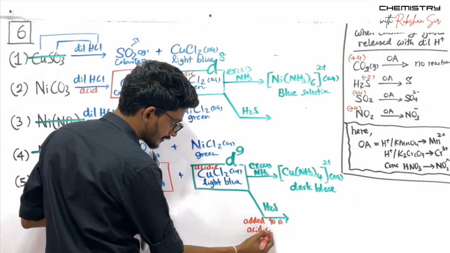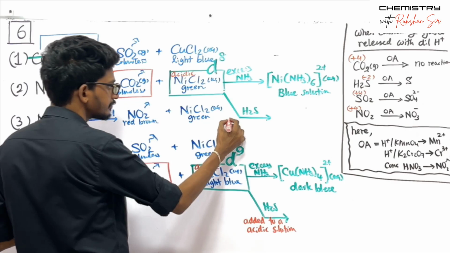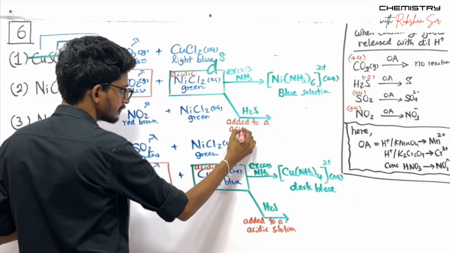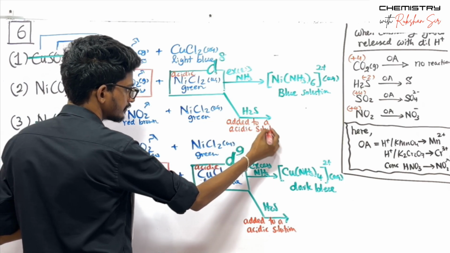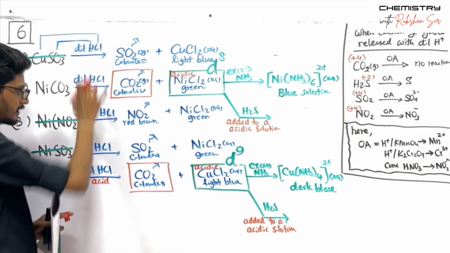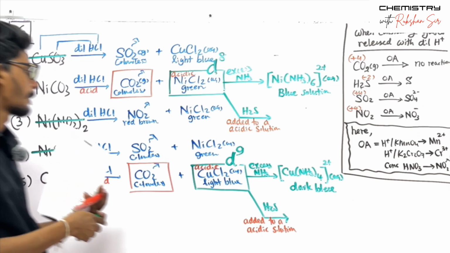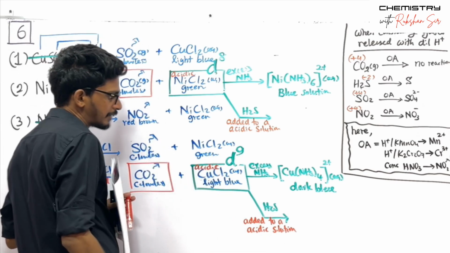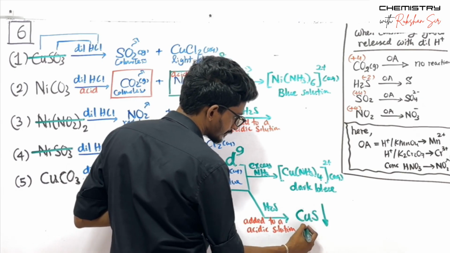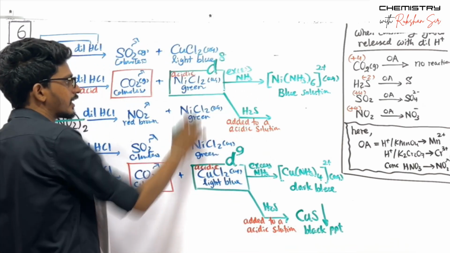Added to acidic solution. These are acidic solutions, right? These are obtained by adding HCl, which is an acid. So in acidic medium, the copper will precipitate as copper sulfide, black PPT, but not the nickel.